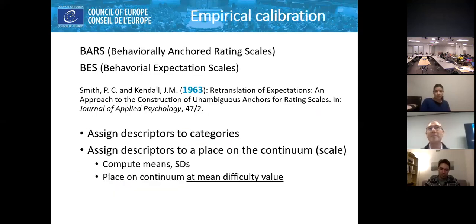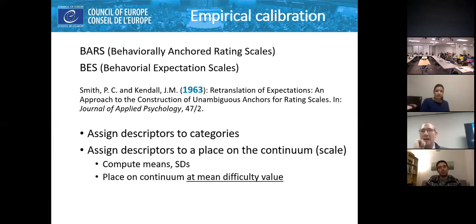At exactly the same time, 1963, an applied psychologist and a nurse working together worked out the very first empirically developed assessment scale, putting descriptors onto a mathematical scale for assessing nursing competence. And what they did was two things. First of all, a bunch of people assigned their descriptors into categories for different scales.